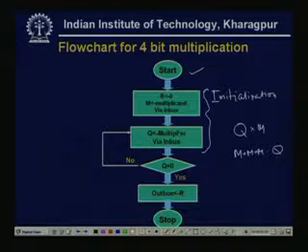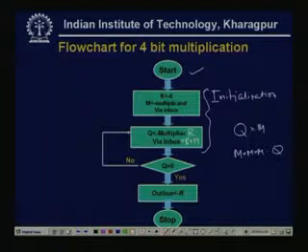So, what we have to do here is R equal to R plus M. We can do that: R is R plus M.